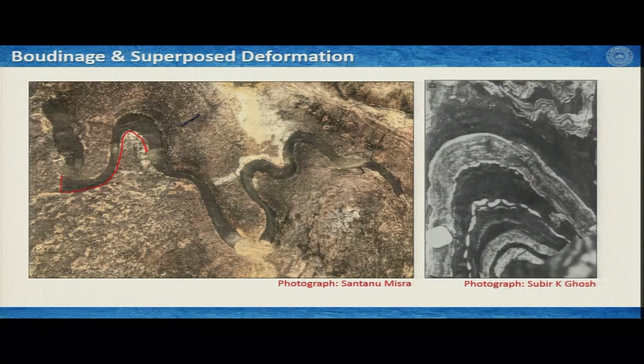What we see here is a fold, right. I mean, if I draw it thoroughly, it is a fold going like this, antiform, synform and so on. But we see here that this got a break. So, this was one single Boudin, then this is another Boudin.